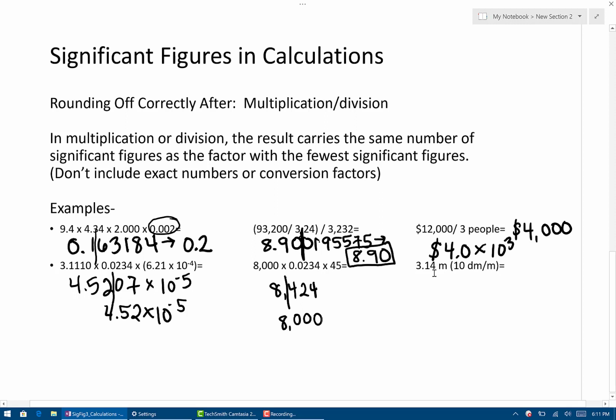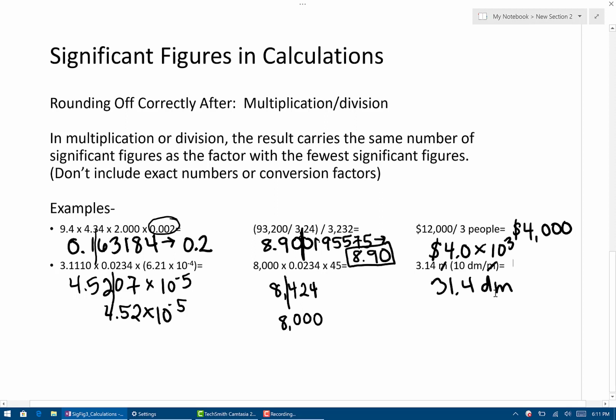And so if we carry out this calculation, 3.14 times 10, we get 31.4 meters, of course. Always keep track of your units, very important. Oh, I'm sorry. That'd be 31.4 decimeters. Okay, meters cancel out here and there. Okay, and if we go back and we look, we see that this has 3 significant figures, the 3.14, and our conversion factor only has 1 significant figure.